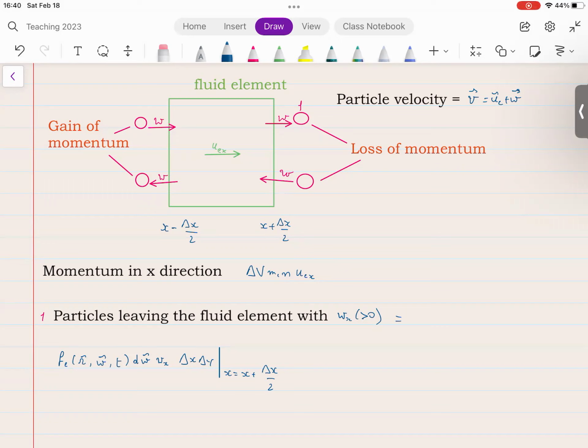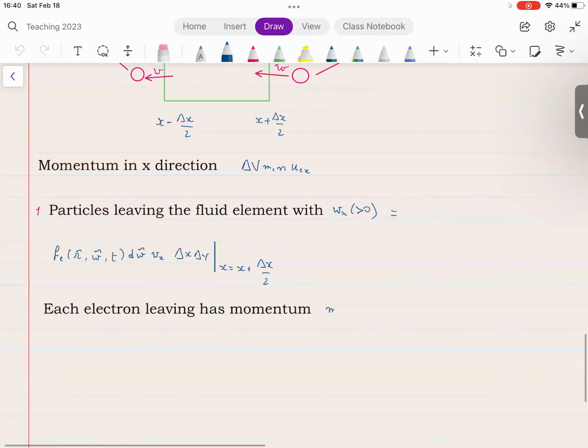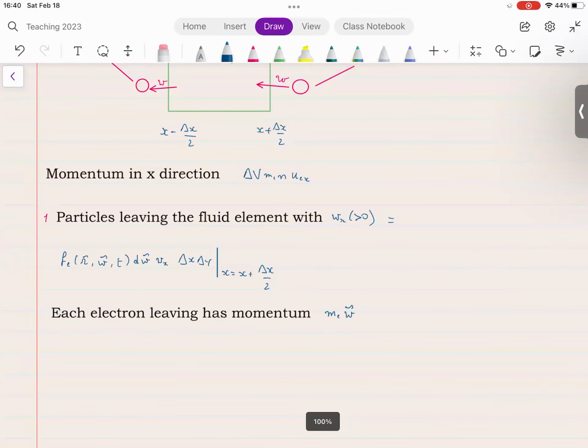Okay, now in general, each of these electrons is going to have a certain amount of momentum, which is equal to the mass of the electron times the velocity of the electron.